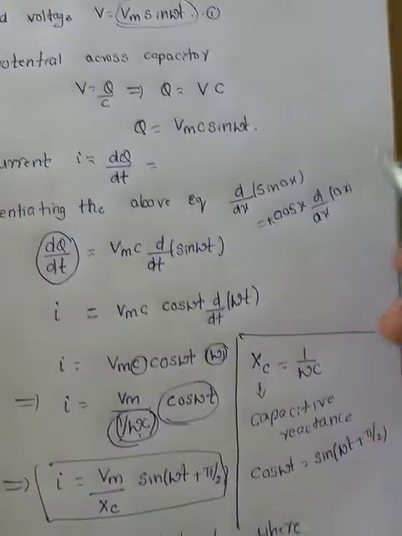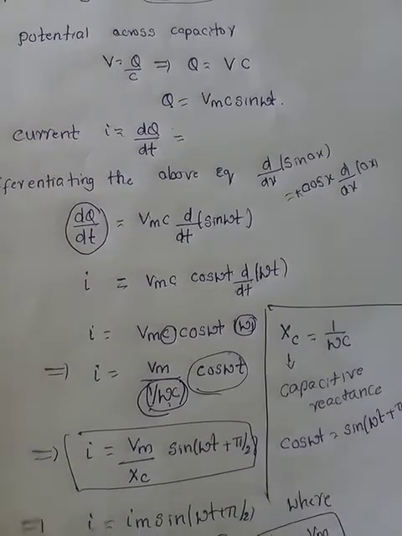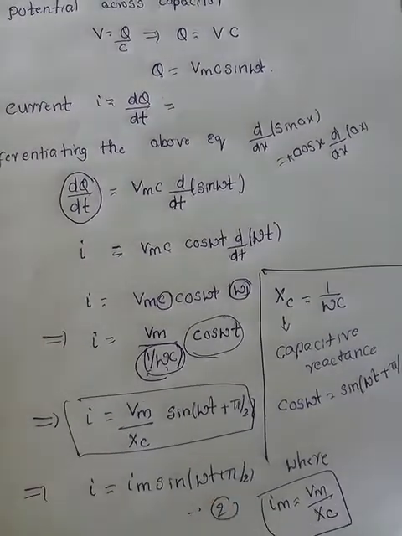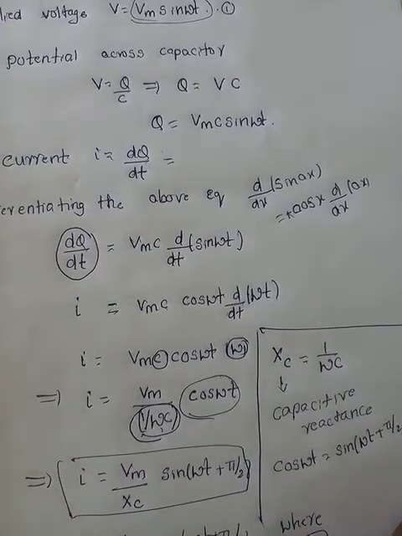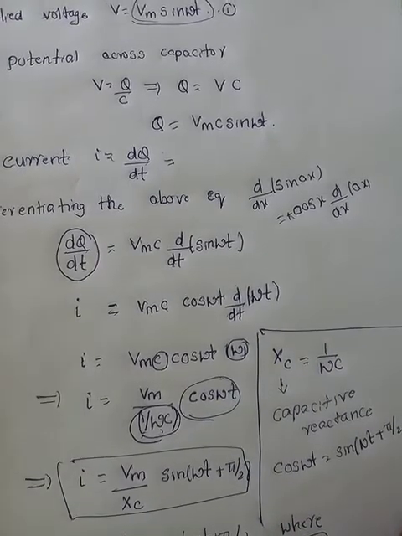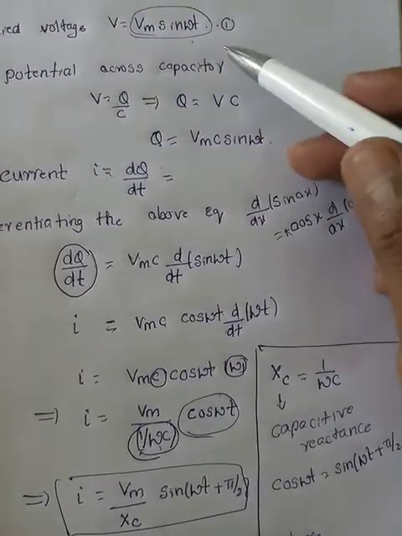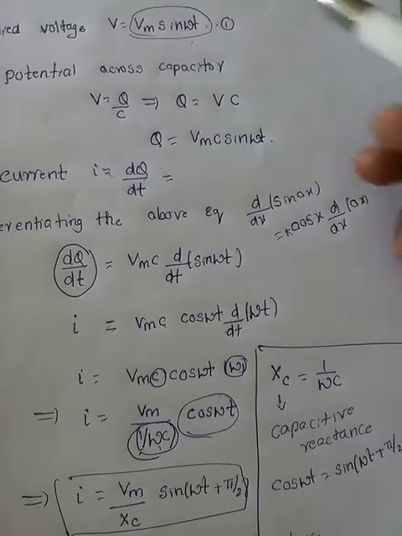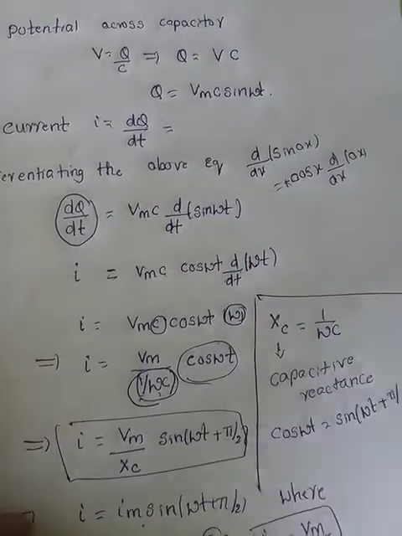Now, we got voltage V equals Vm sin omega t and I equals Im into sine of omega t plus pi by 2. Here, compared with the inductor case where current lags voltage by pi by 2, current leads voltage by pi by 2. Voltage is sin omega t and current becomes sine of omega t plus pi by 2.